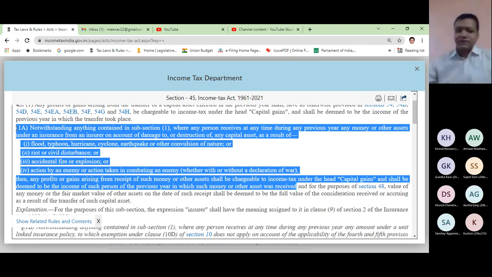Please read it and then anyone, if you can try to explain me or if you can try to simplify this for me or for yourself. Read it and try to simplify.